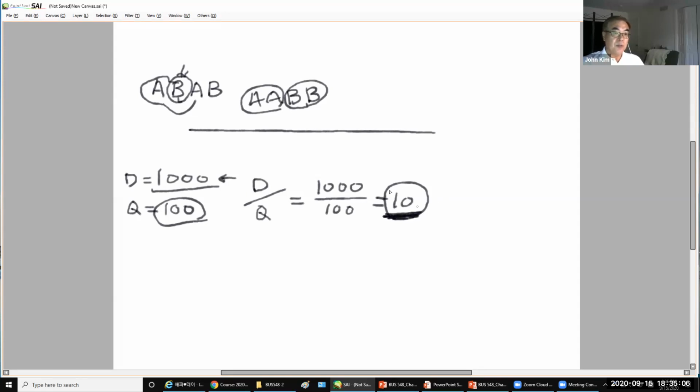So the number of order times, multiplied by ordering cost S, is the annual ordering cost.